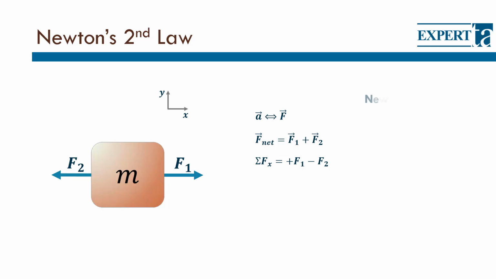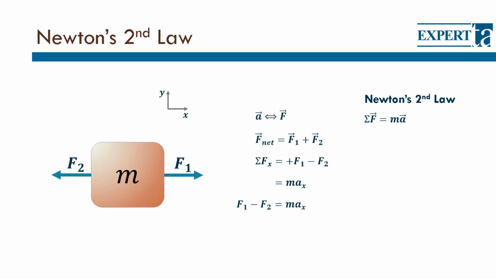Now we apply Newton's second law to it, which says that the sum of all forces is equal to mass times the acceleration. Again, independence of x and y says that the accelerations in the x direction and y direction are independent of each other, so we put the sum of all forces in the x direction equal to mass times acceleration in the x direction. So you get F1 minus F2 is equal to mass times acceleration in the x direction.